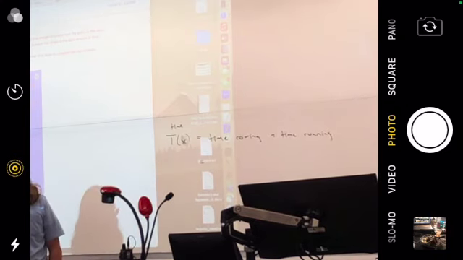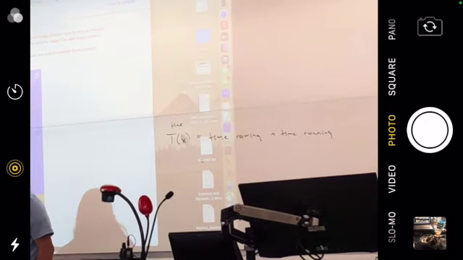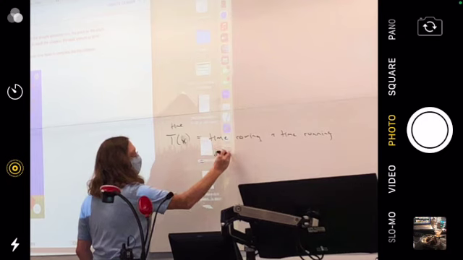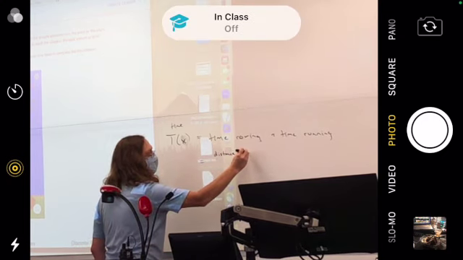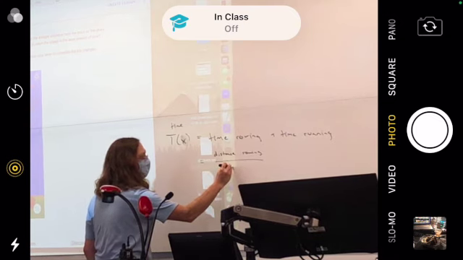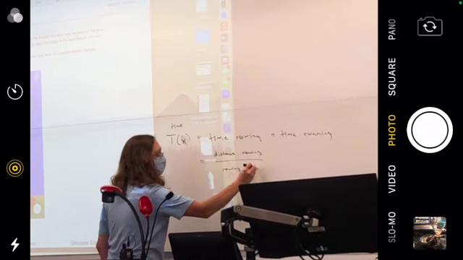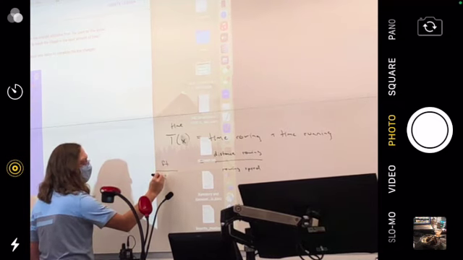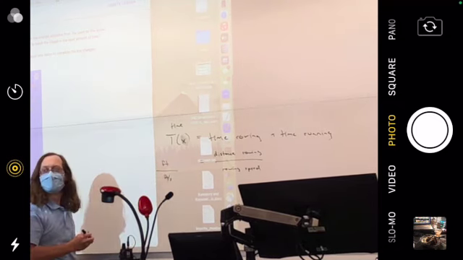I know how fast I move, right? It would be distance rowing divided by my rowing speed. Why does that work? Think about distances in feet and now divide by feet per second. What happens here?